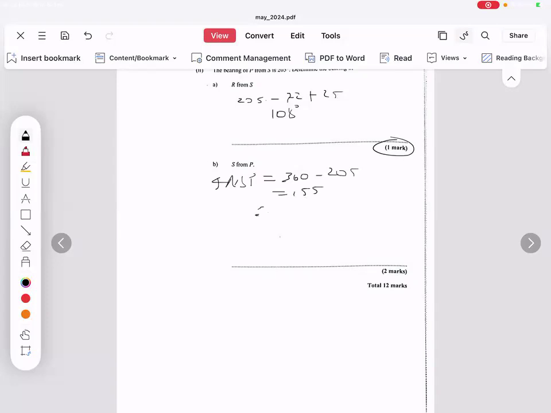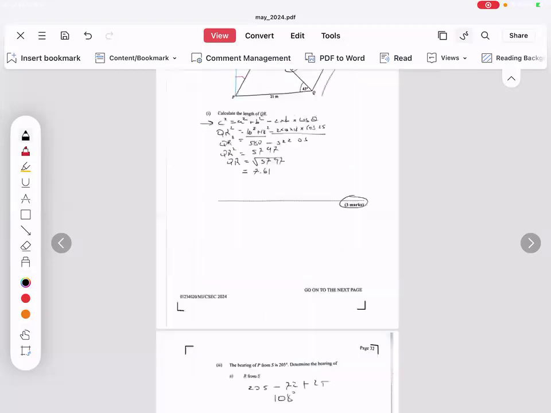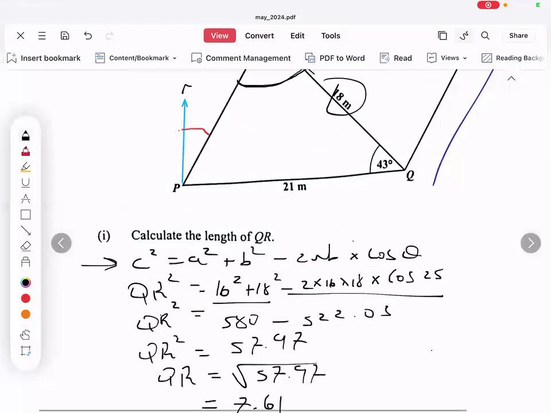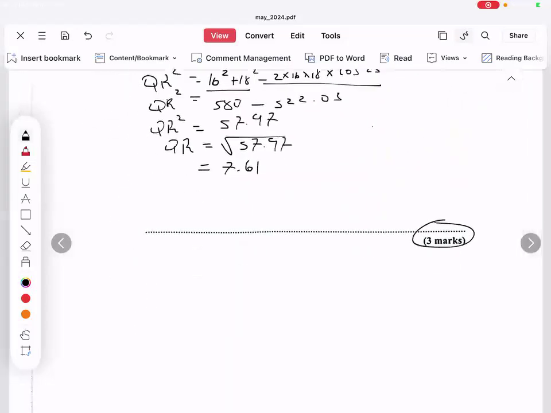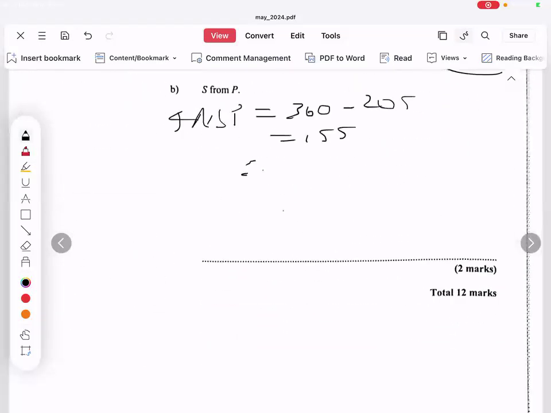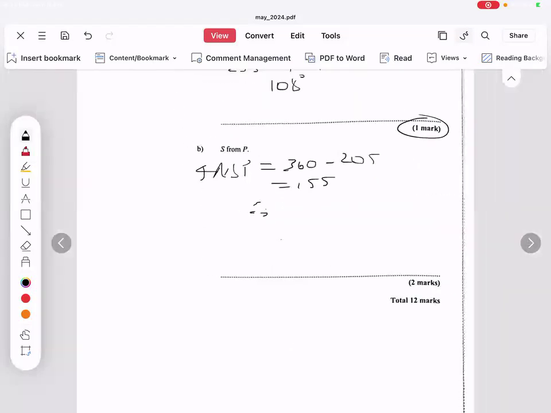Therefore, now draw your conclusion. Therefore, the bearing of S from P is going to be equal to 180 minus 155.